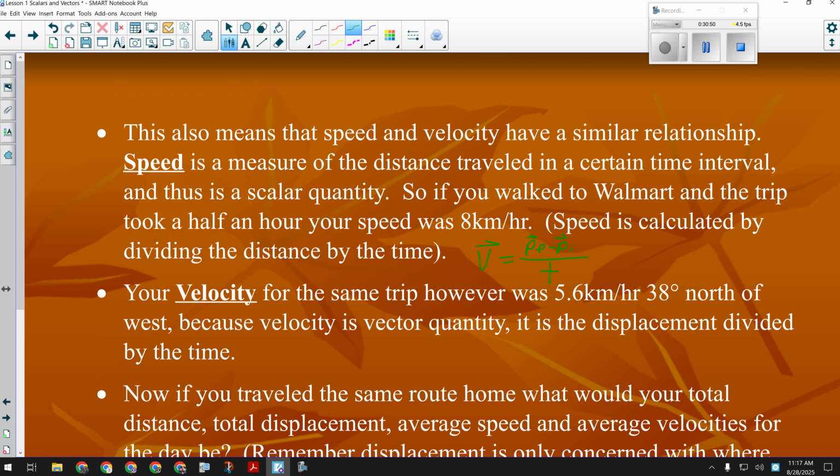I am back where I started. Everyone follow me there? Even though I could have walked all the way around the world if that was possible, if there weren't oceans in the way, I get back to my house, my displacement's still 0, but I've walked tens of thousands of kilometers. That's kind of an extreme example, but as long as everyone gets that idea.